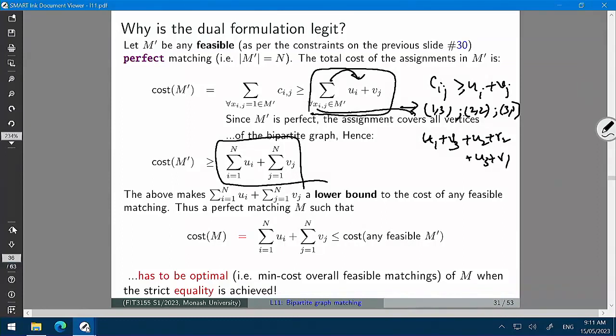I could have rearranged it as u1 plus u2 plus u3 plus v1 plus v2 plus v3, which is basically that term and that term. You see what I'm trying to say there?